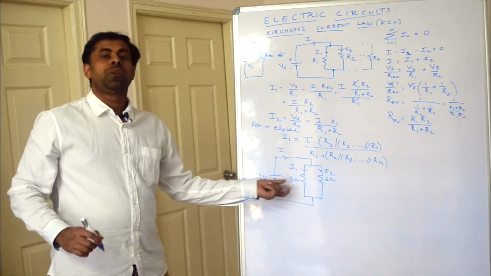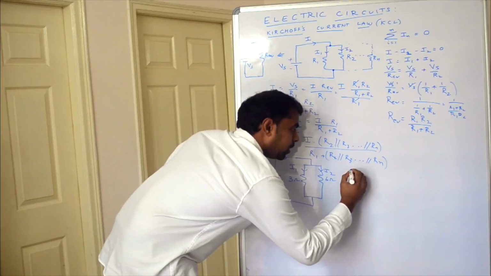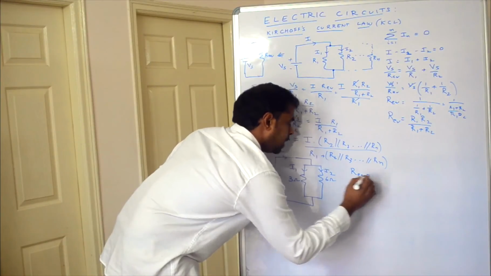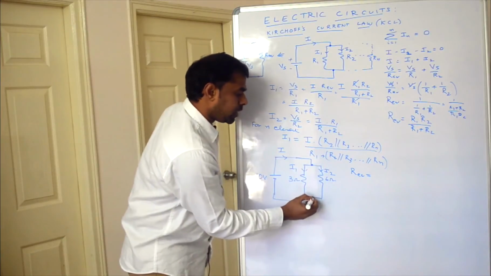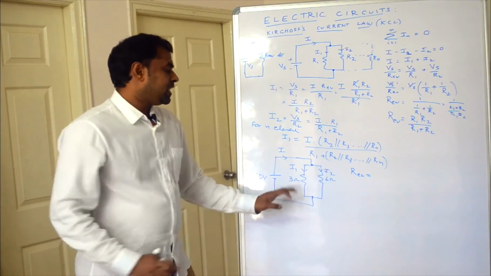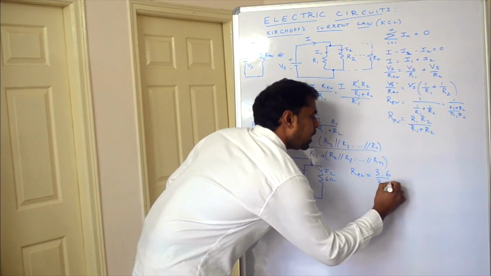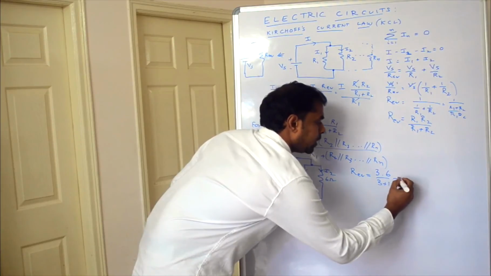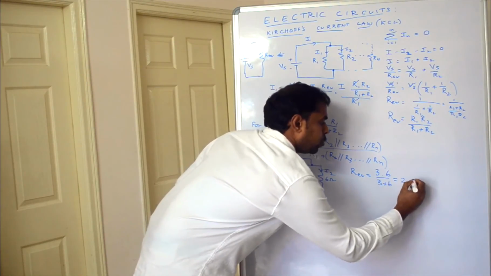If we get currents, we can get voltages also. First, I am trying to find the equivalent resistance. These two are connected in parallel, okay, because two junctions are there. At those junctions, no other element is connected. The equivalent resistance is nothing but R1 into R2 by R1 plus R2, it is 2 ohms.